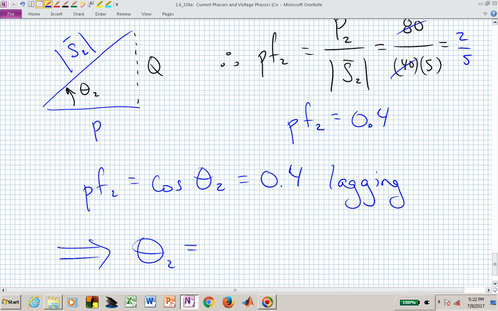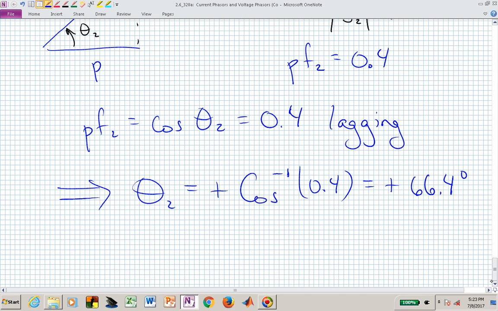Now we know that theta sub 2 is plus the inverse cosine of 0.4. Or that's now 66.4 degrees in the positive direction.